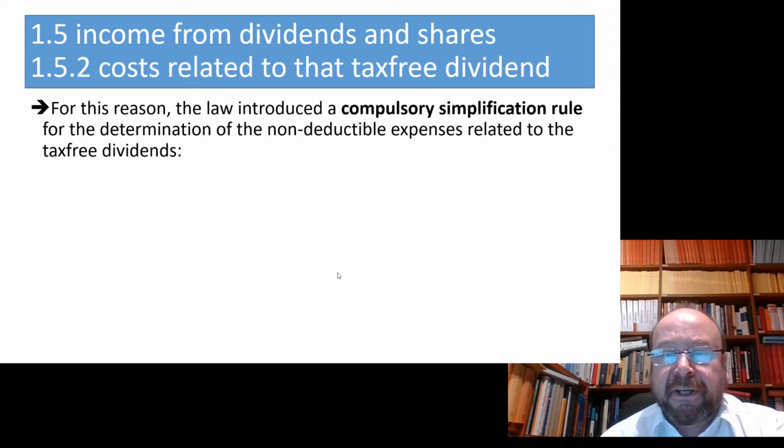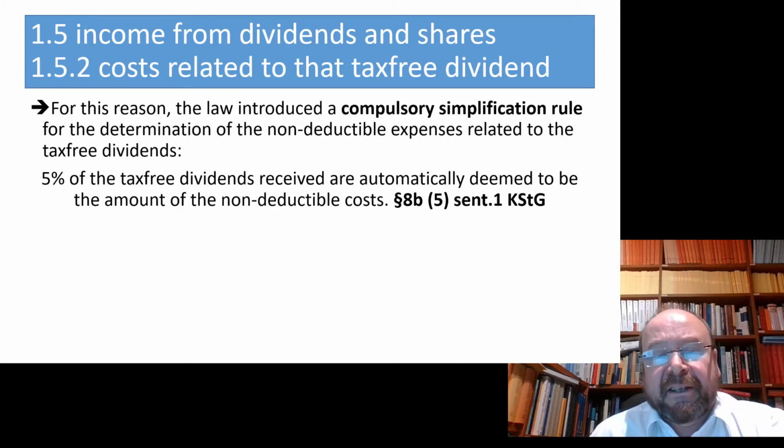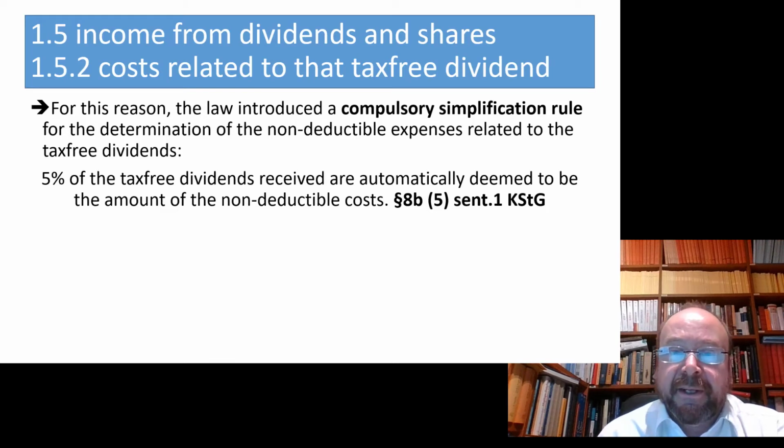So the German law introduced, that was an idea which they took over, I believe, from the Belgians, a compulsory simplification of that non-deductibility expense problem. They just introduced a rule that 5% of the tax-free dividends are always taken as estimate for the amount of expense which will be not deductible, 8b paragraph 5 sentence 1.